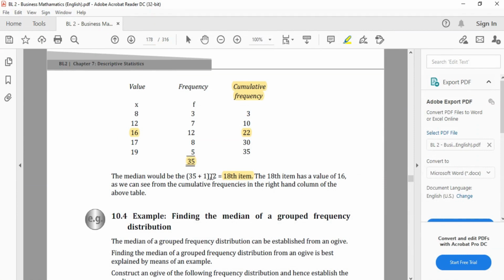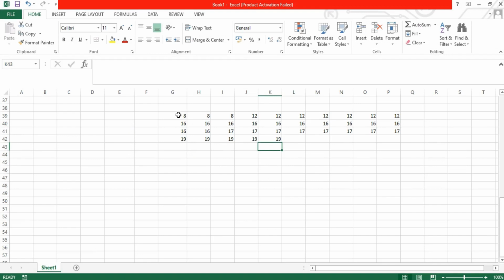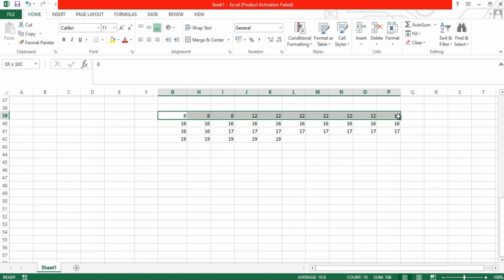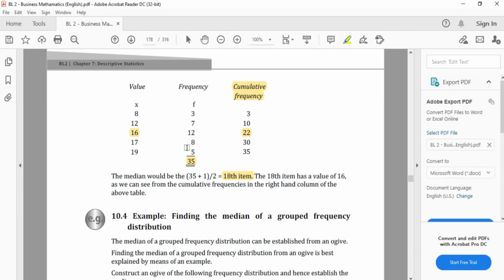Now when we apply this median formula, we get the number of the item that has the middle value. They are saying the 18th item. Now let's count what the 18th item is. This is the first item, and it's going horizontally because that is the way I wrote it. However, the next numbers must be in this order because that's the way they've given it.